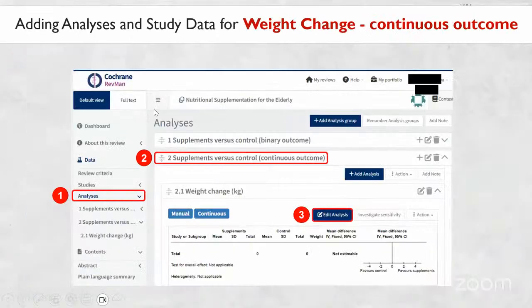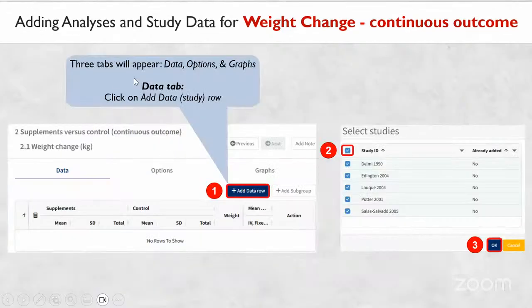Okay. This is for the continuous outcome. Okay, so here adding the analysis is the same process for the continuous data and the dichotomous data. It's just a review.